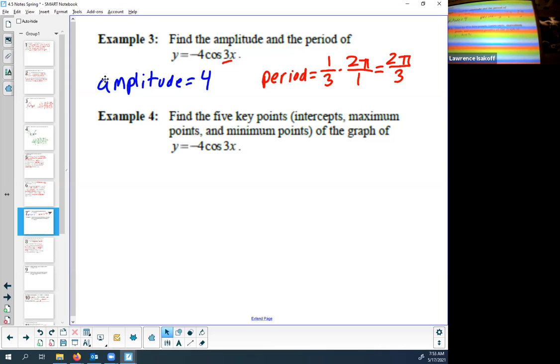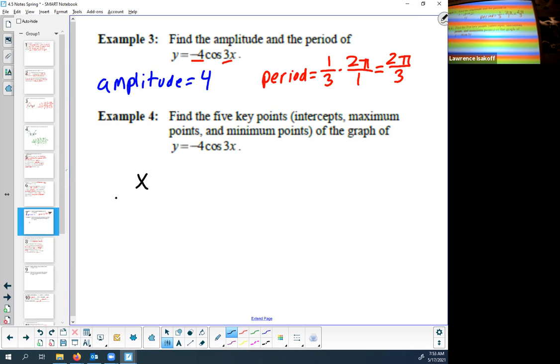So we're going to compare this to a regular cosine graph in a minute. I'm going to show us how we get all our important information here. Amplitude had that -4 in front. That's very easy to deal with. It's that period that's going to mess us up a little bit more. So my default cosine is x, and then I know cosine.